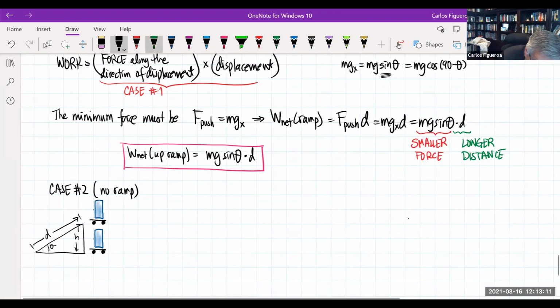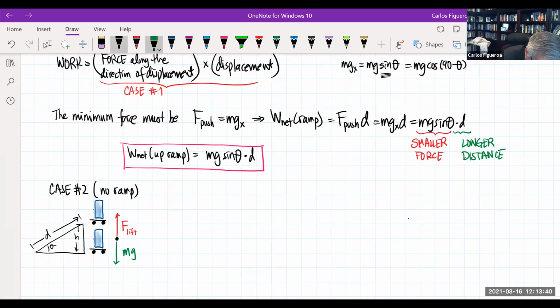So in this case, you're actually taking the full weight of this thing and literally lifting it up. So this is the lift force to do that. And of course, what you're finding here is that you are feeling the full weight of the refrigerator.